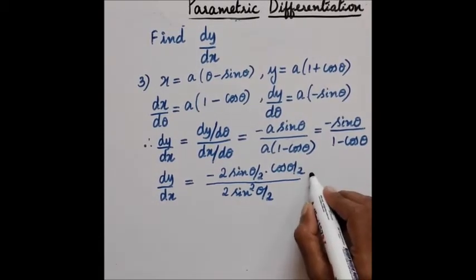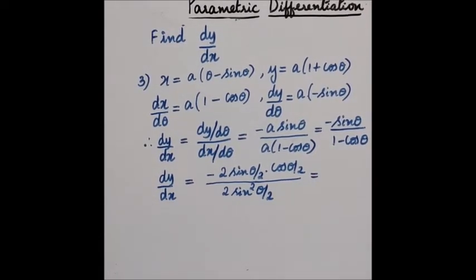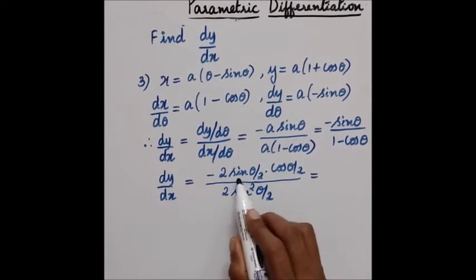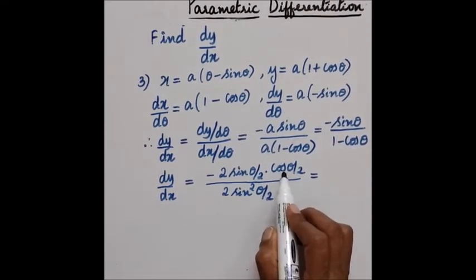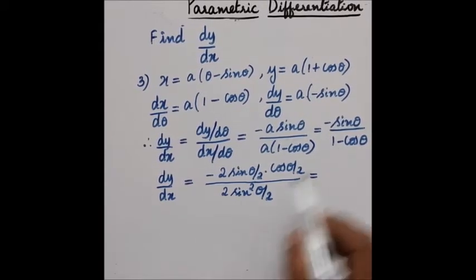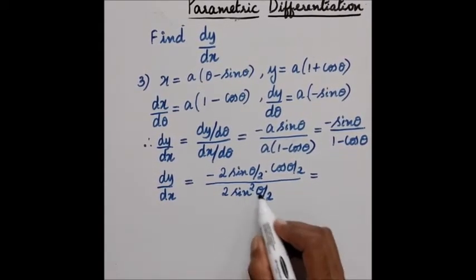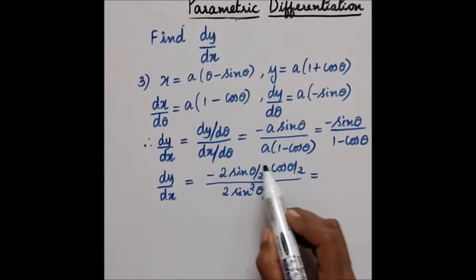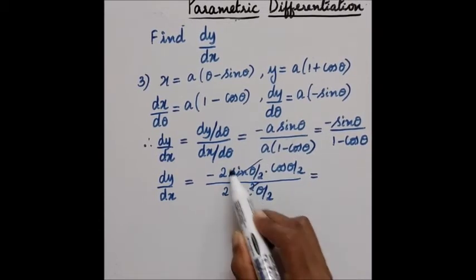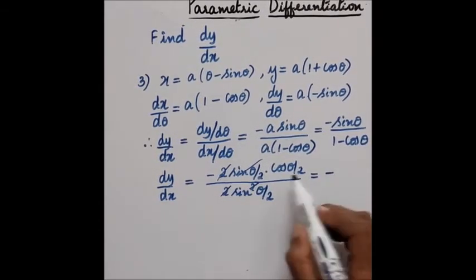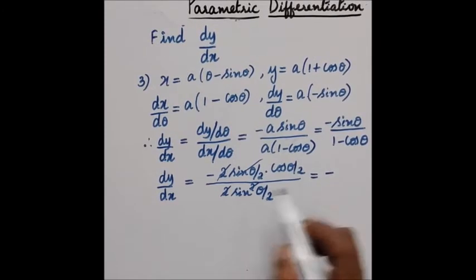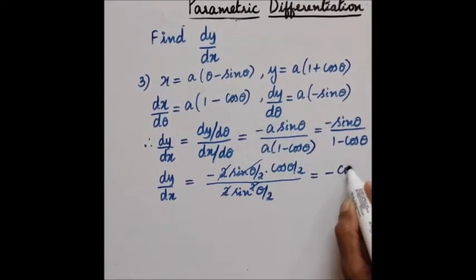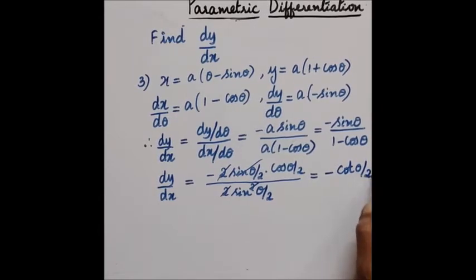So these are the standard trigonometric formulas. The multiple angle formula, sine 2 theta, we have used in the numerator, and here the standard one, 1 minus cos theta is 2 sine square theta by 2. So on simplification, the 2 gets cancelled, 1 sine term gets cancelled, and what remains is minus cos theta by 2 by sine theta by 2, which is nothing but the cot function. So minus cot theta by 2. So this is dy by dx for the given functions.